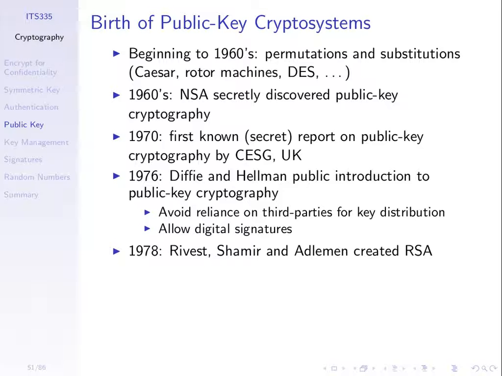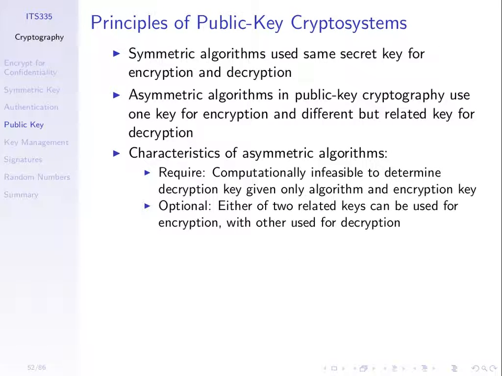Diffie and Hellman developed an important public key algorithm, the Diffie-Hellman key exchange, which we'll see. And another one by Rivest, Shamir and Adleman developed what's called RSA. RSA is a public key encryption algorithm. So these are some important algorithms that we'll see used in practice later in the course. So today let's just talk about the concept.